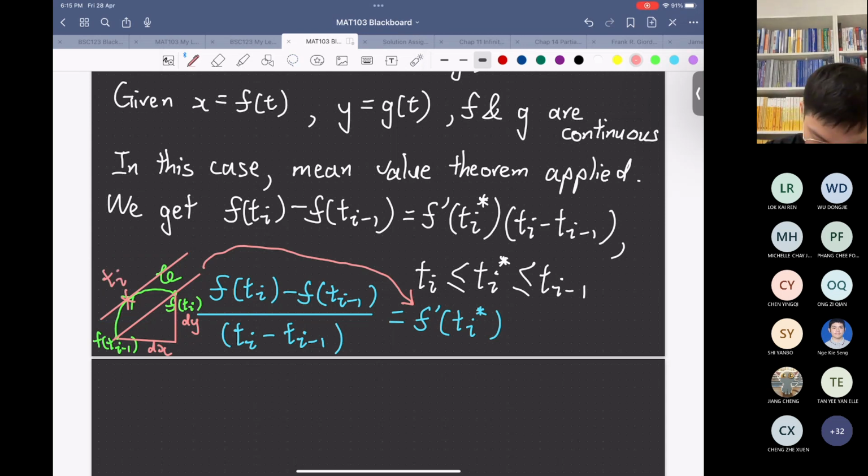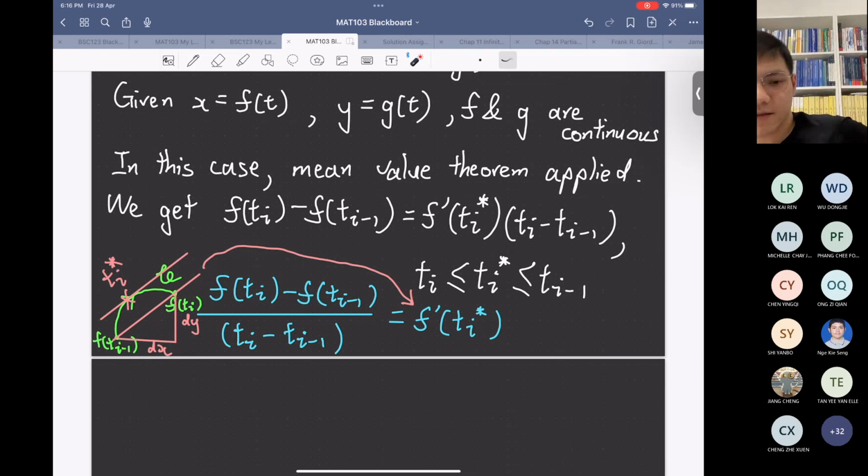Let's call it ti star. Why can you do that? Precisely because your function is continuous. If it is not continuous, maybe your function breaks at some point and you don't achieve this gradient. If it is continuous, at some point it has to turn back, and when it turns back, it must pass by this gradient at some point. Makes sense? So this is the mean value theorem.